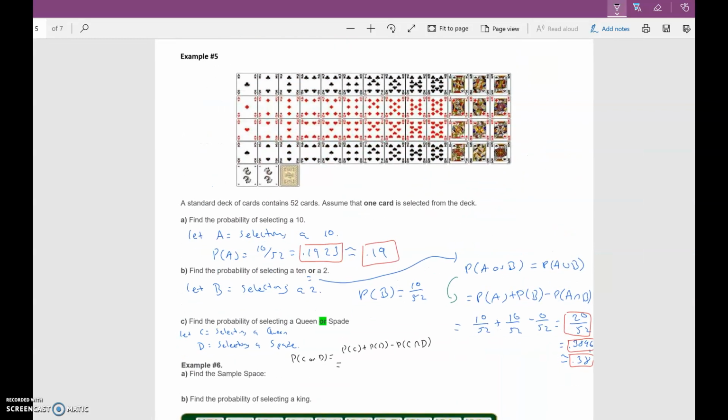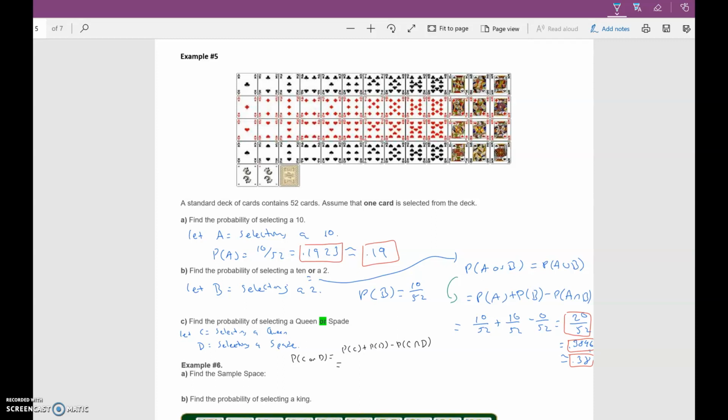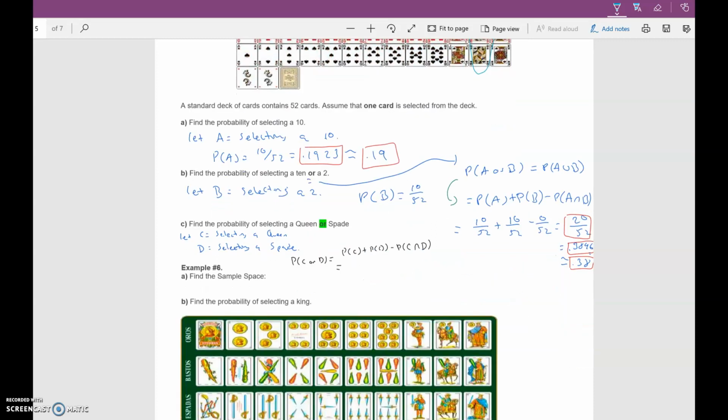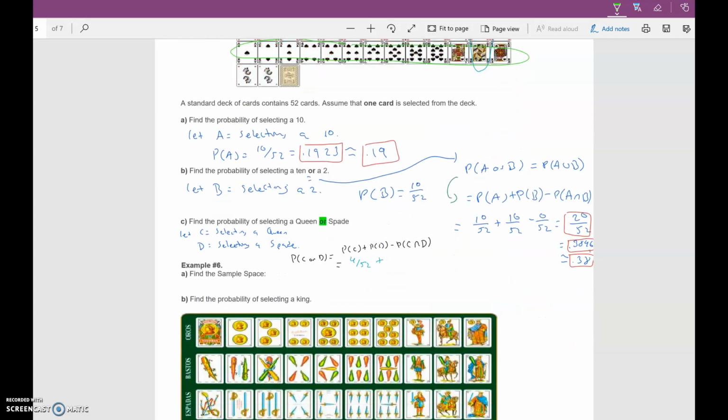Now, C is selecting a queen. So let's look at the event of selecting your queens. So let me use this color. These are your queens. So your queens represent 4 out of 52. So let me write it as 4 out of 52 plus, and then your spades, let me select a different color here. Your spades are these. So you're technically going to have 10, 11, 12, 13.